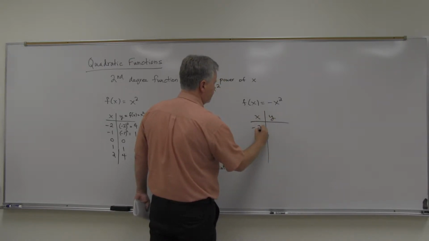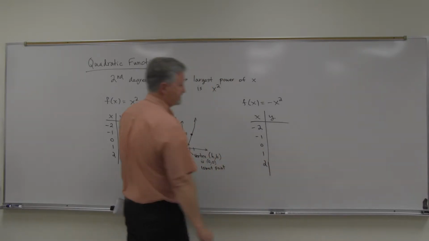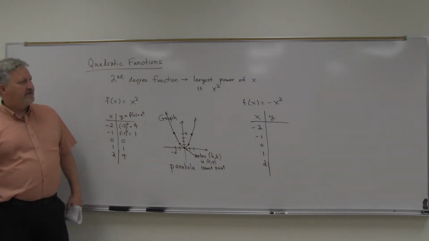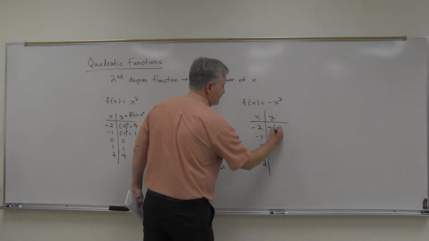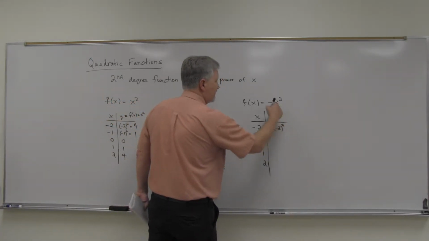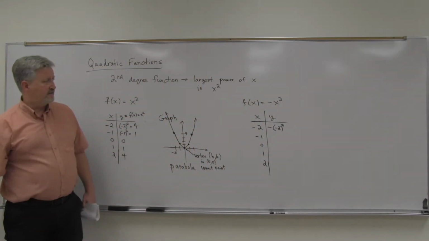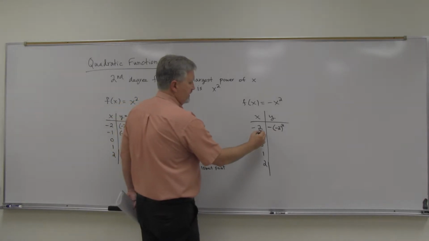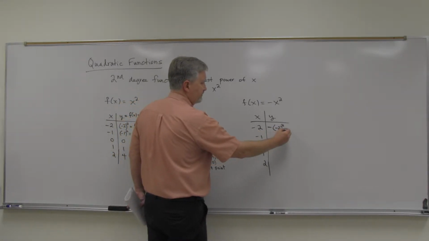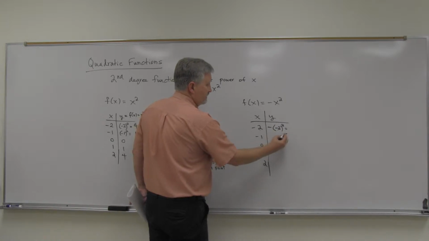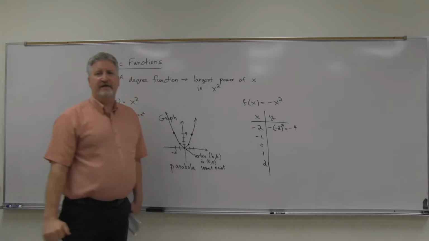So if I do the negative 2 to positive 2 values on that, the thing is, this negative is outside the square, so I don't square that negative. However, when I plug in negative 2, I'm actually squaring that negative 2. The square of the negative 2 is 4, but I've also got that negative there. So I actually wind up with a negative 4 there.